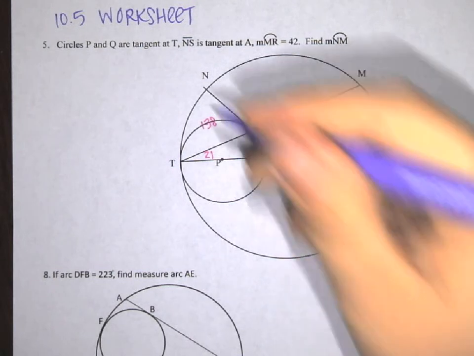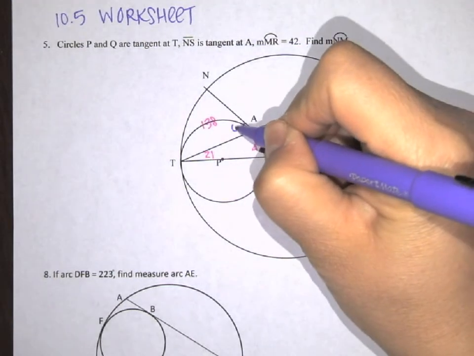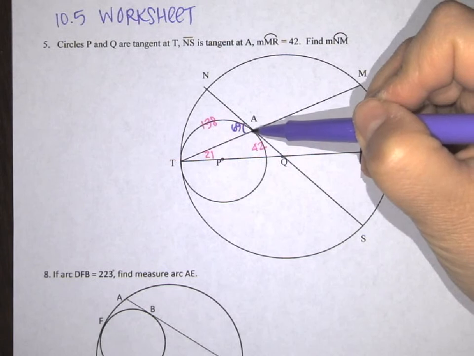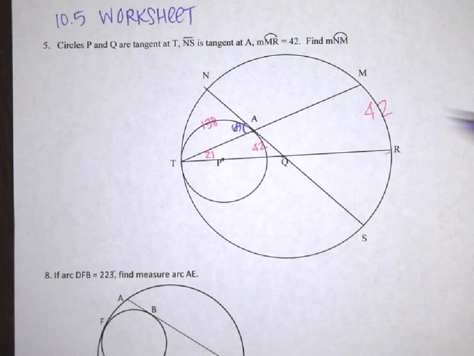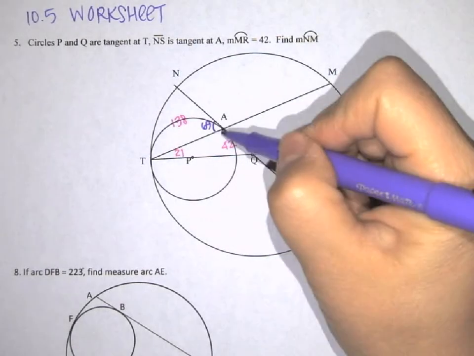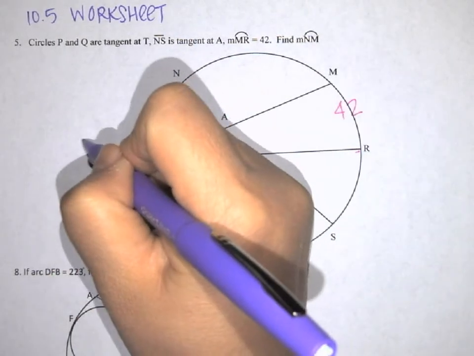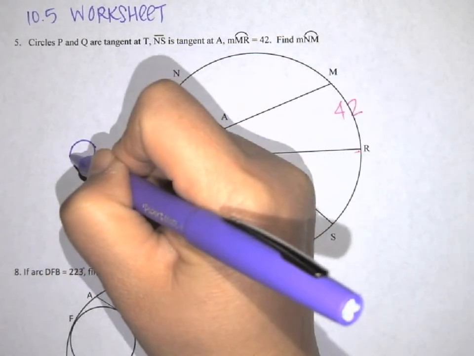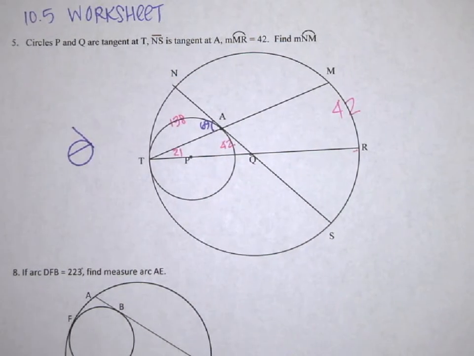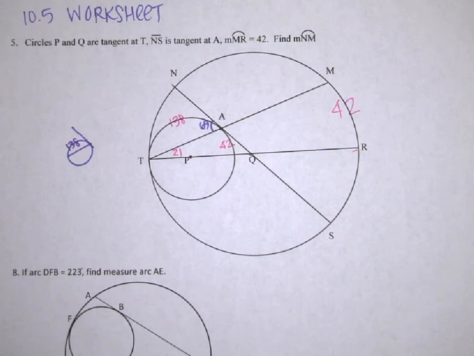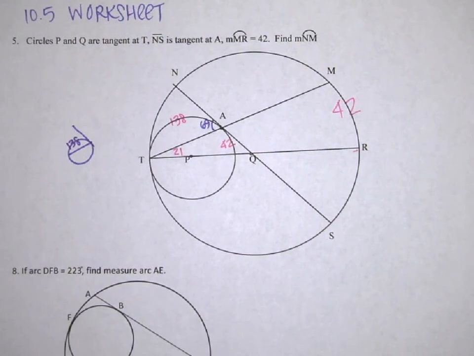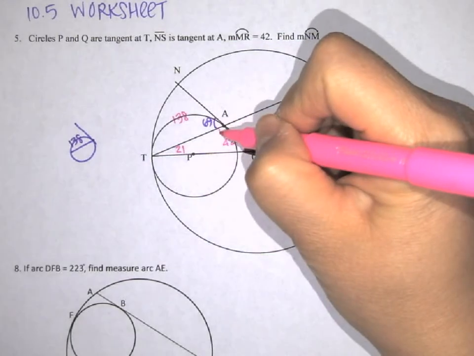That will make this angle here 69 because this vertex is on the circle and it's half the arc. So if you're looking at it like this, it's an on angle. We know this is 138, so the angle has to be half of that, 69, which makes this angle 111.